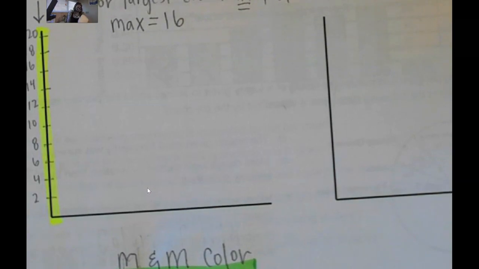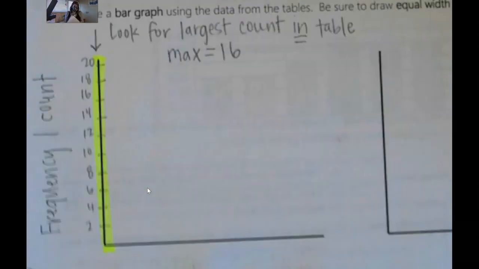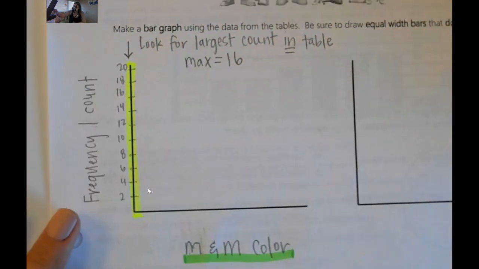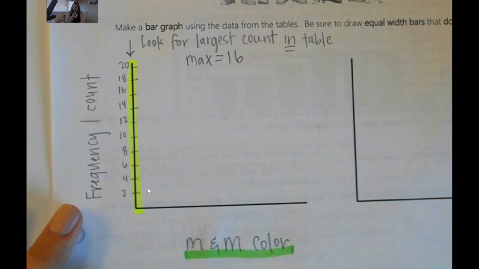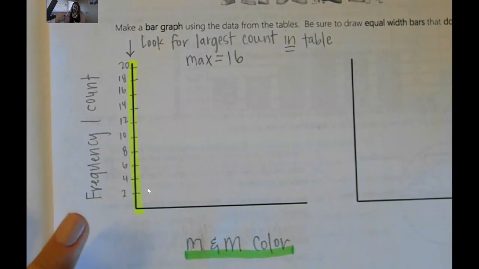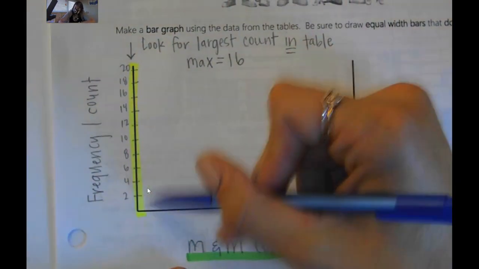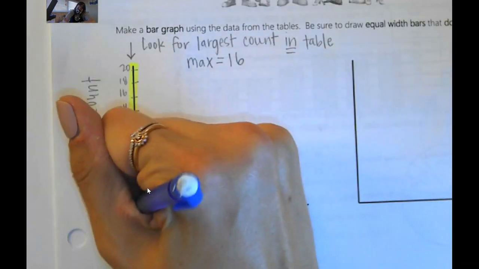And now we make the bars. If you watched my sorting the graphing card video, you know that when you make a bar chart, your bars are not supposed to touch. So your bars don't touch and you want them to be equal width. Our first color is orange. I'm going to leave a little bit of space. I forgot to label 0.